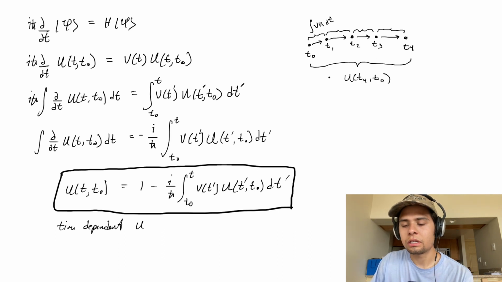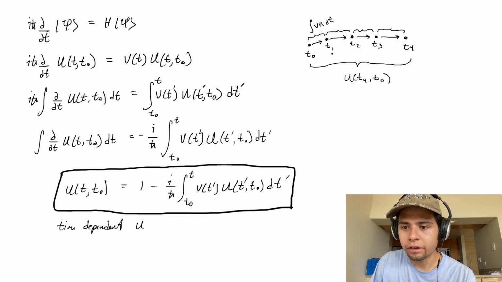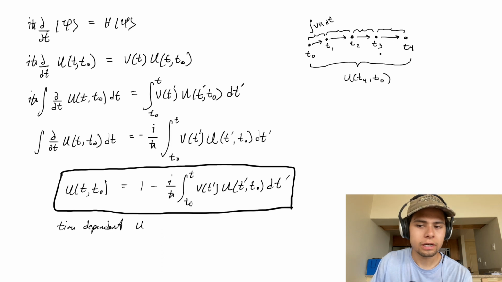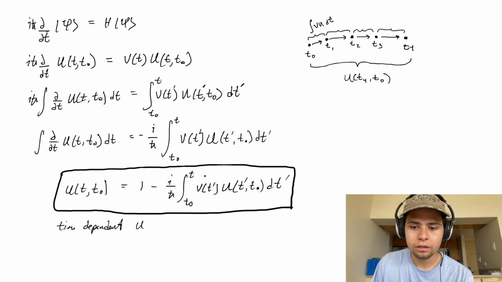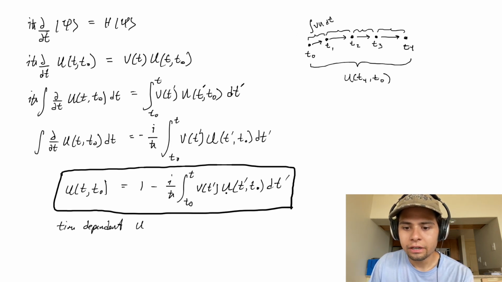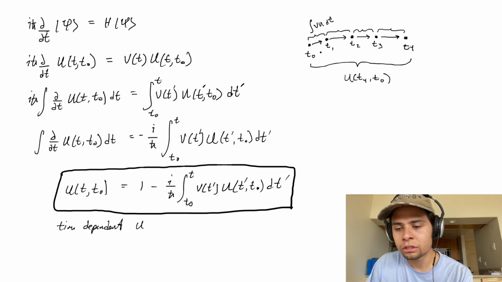So this is the unitary operator as it evolves in time. And this v here is a coefficient that tells us how much this contributes to the overall, and then the next v of t will tell us how much this contributes to the overall.